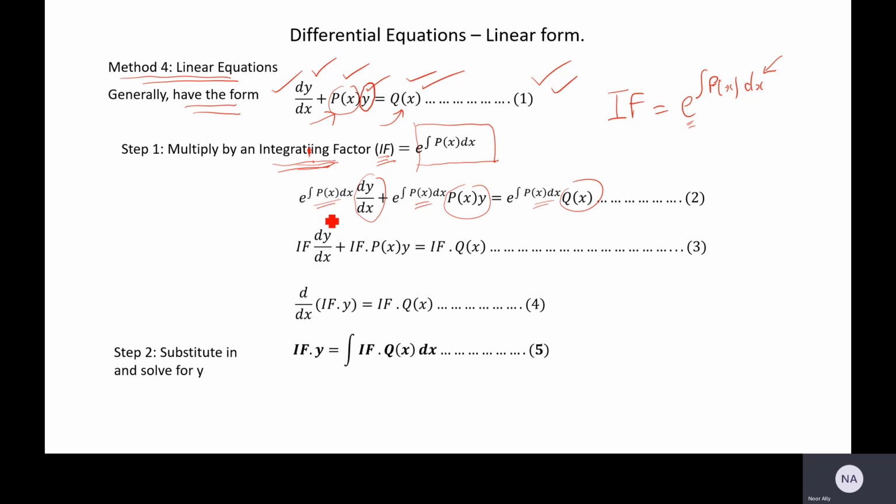To make it easier, I've written that as IF, my integrating factor, which of course is e to the power integral of p(x) dx.